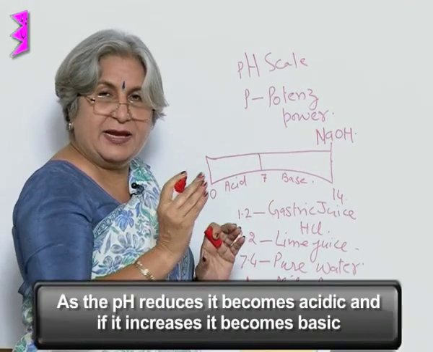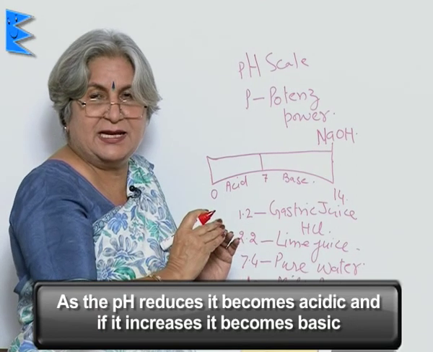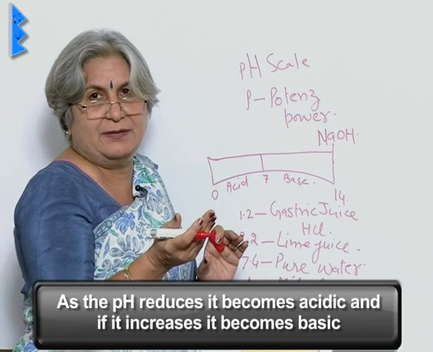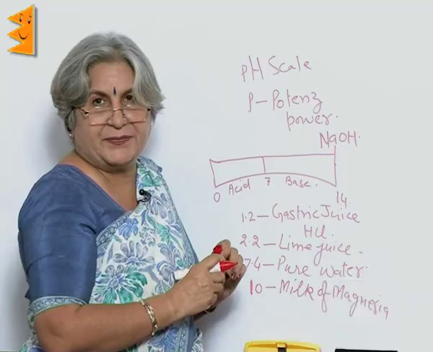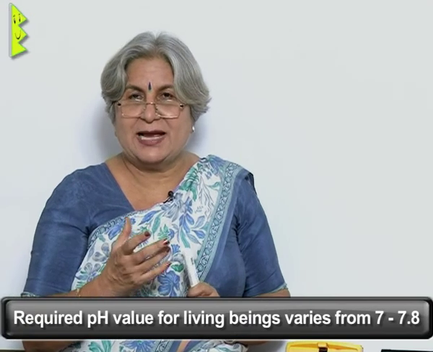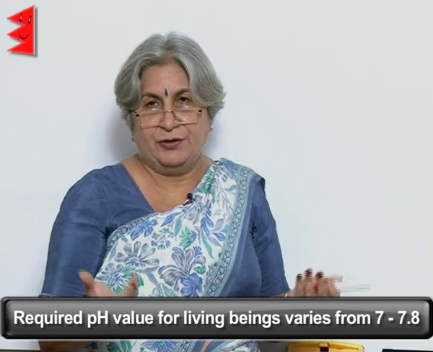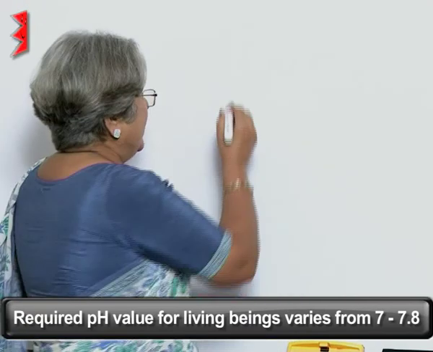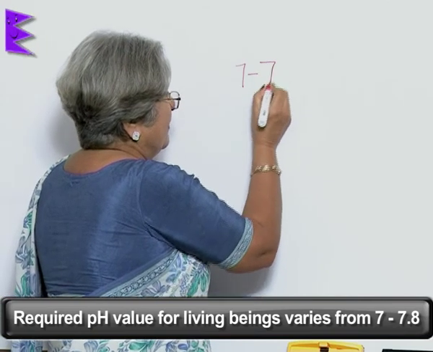So, as the pH reduces, it becomes acidic, as it increases, it becomes basic. You know, pH is also important for the living organisms. For a living organism like say plants and animals or human beings, the required pH is 7 to 7.8.